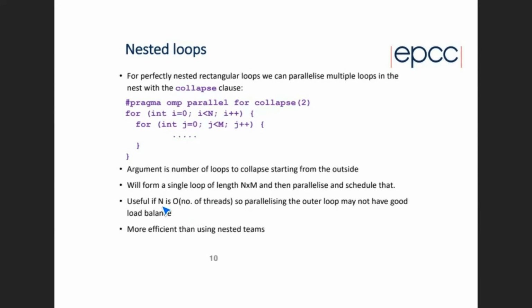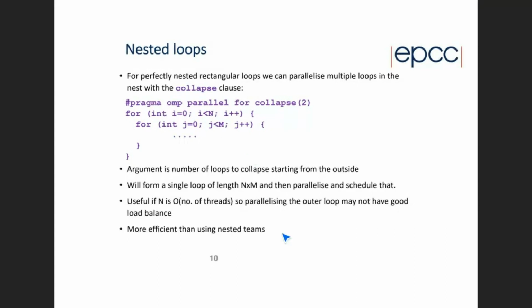So this kind of pattern is useful if, for example, n is of the order of the number of threads, maybe a bit less, or equal to, or a bit more than the number of threads. Then just parallelizing the outer loop may not exploit all the threads or may not have good load balance. So for this particular use case, this is going to be more efficient than using nested teams.